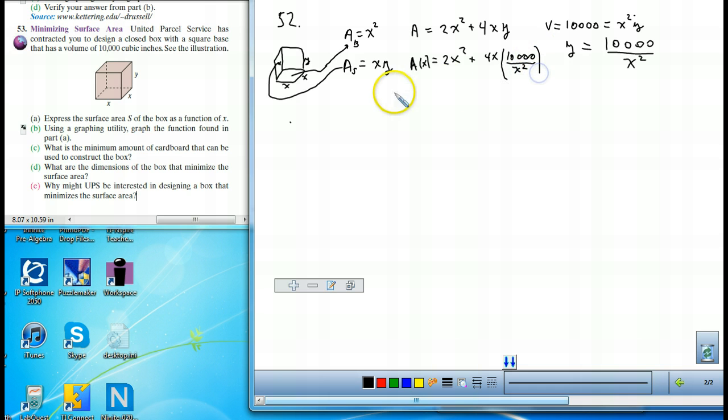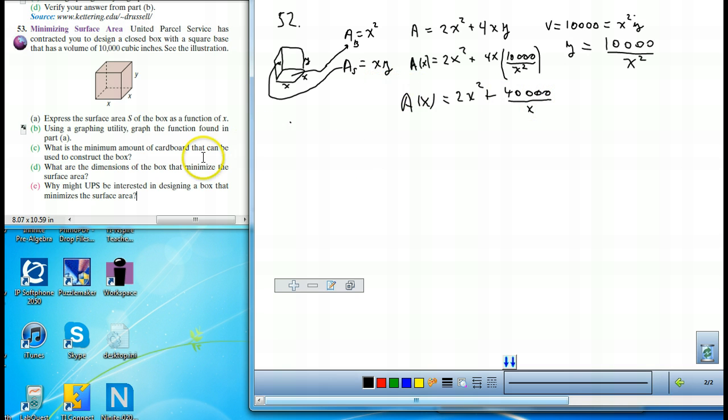We could clean it up a little and write area as a function of x as strictly 2x squared plus 40,000 over x. There we have it.